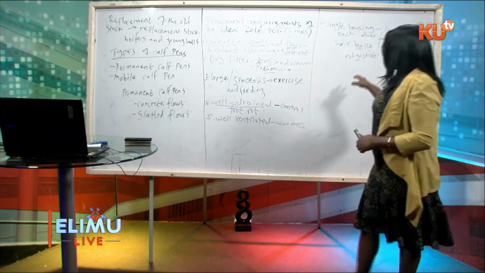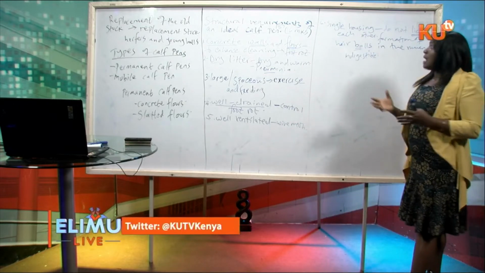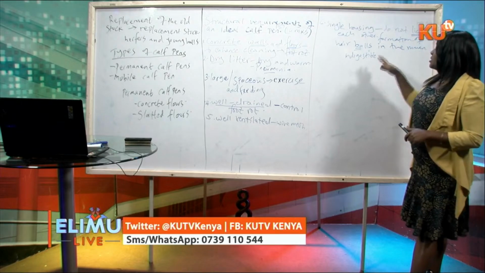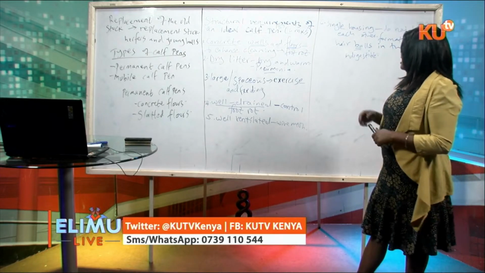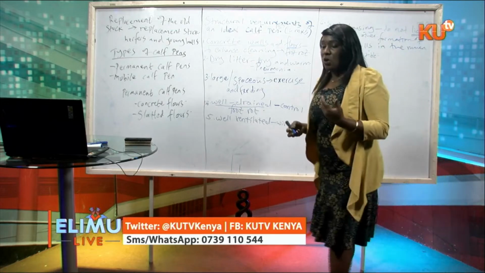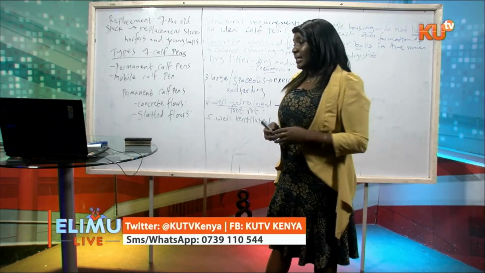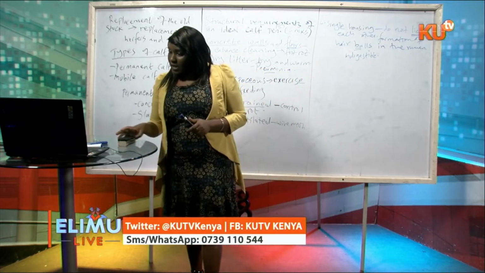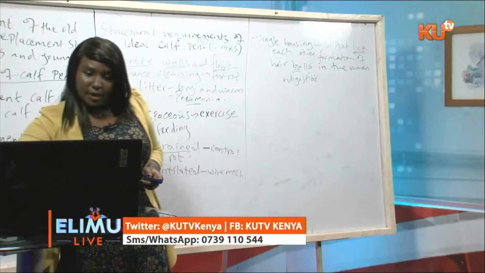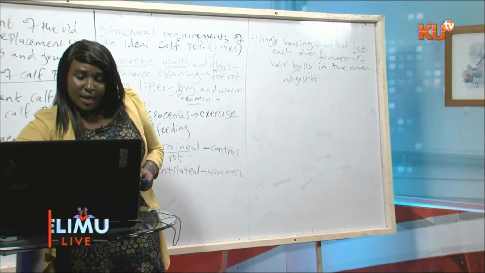So we need these calves to be housed singly, because they can lick each other. Since they are very young and tender, they can lick each other, and it might cause hairballs, which are indigestible in the rumen.